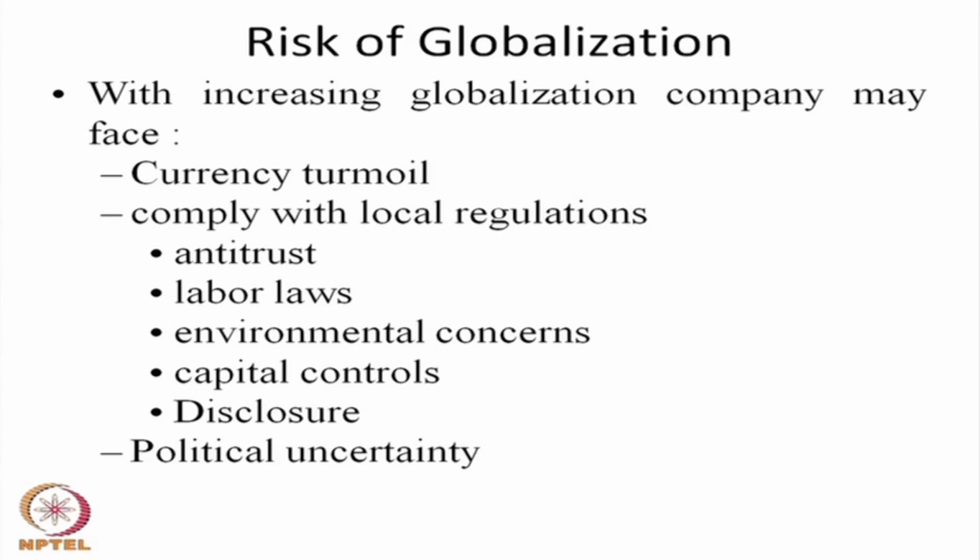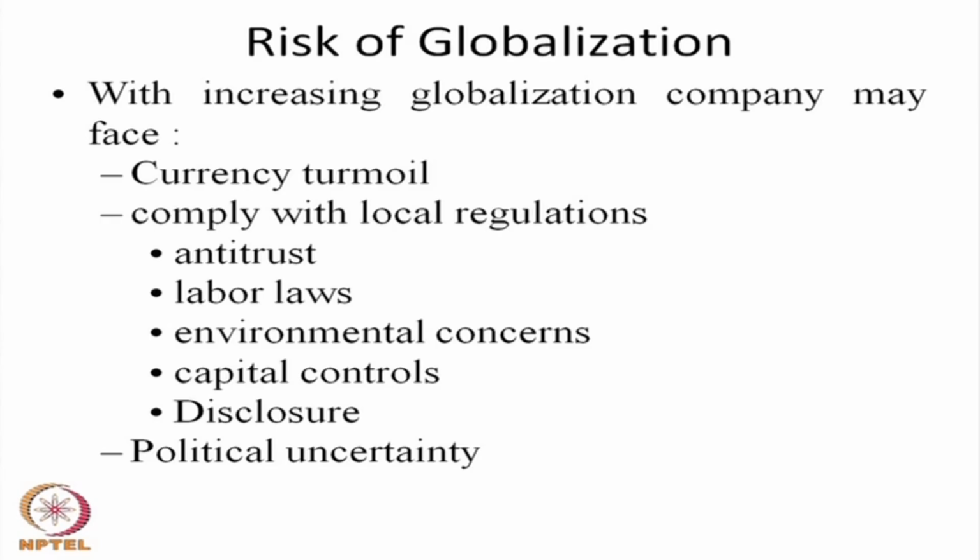This way, by allowing them, we are also accepting their risks, the risks of currency turmoil, volatility in the domestic currency. We also have to comply with the local regulation. The regulation may be in the form of antitrust regulation, labor laws, environmental concern, capital control, disclosure norms, the political uncertainty. They are also part of the foreign direct investment.